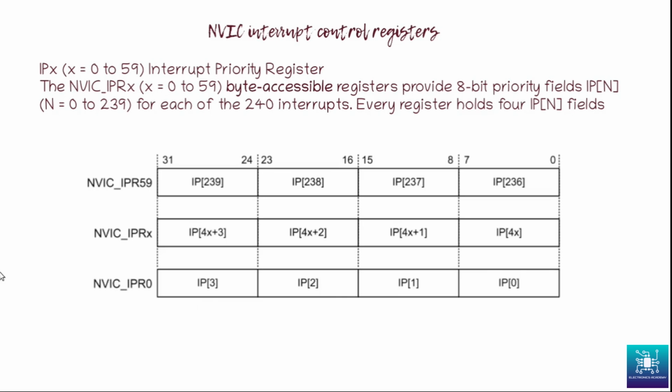The lower 4 bits are actually ignored even if we write anything in there. The upper 4 bits are used for interrupt priority grouping and sub-priority grouping. So even though these registers are shown as 8-bit fields, we are only writing the top 4 bits.